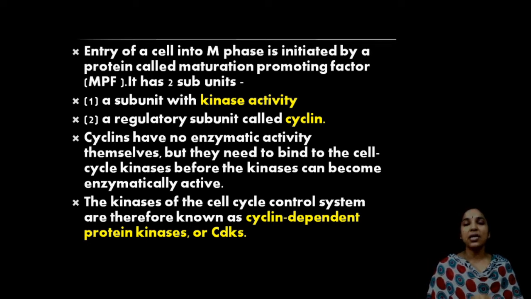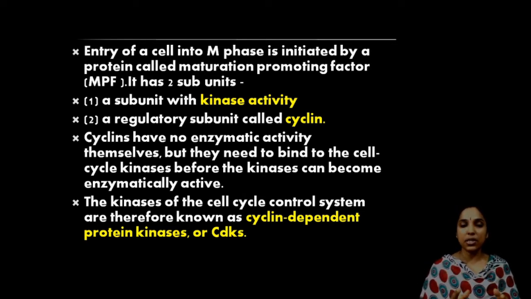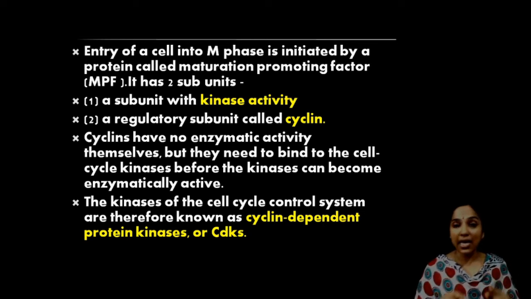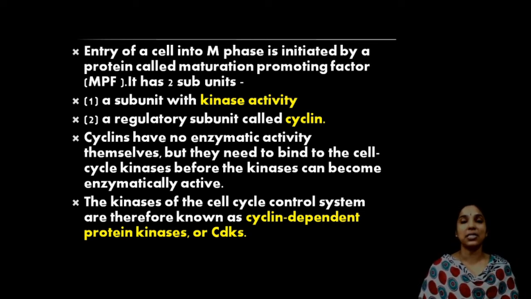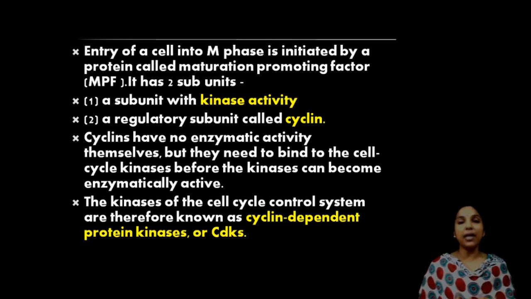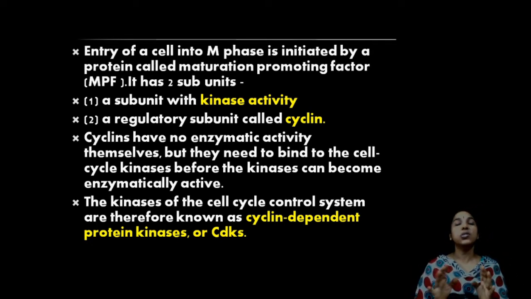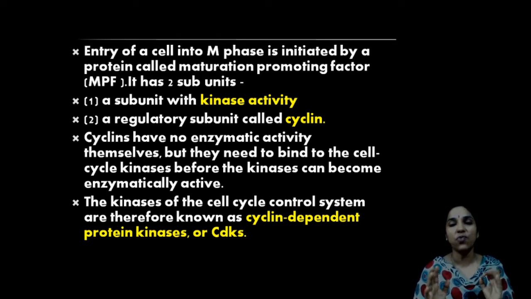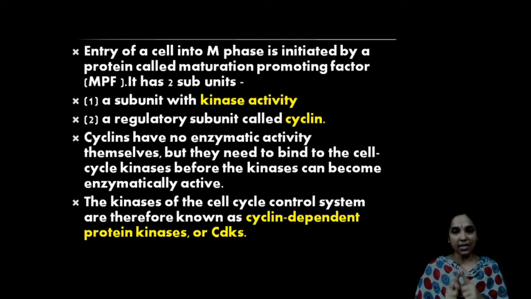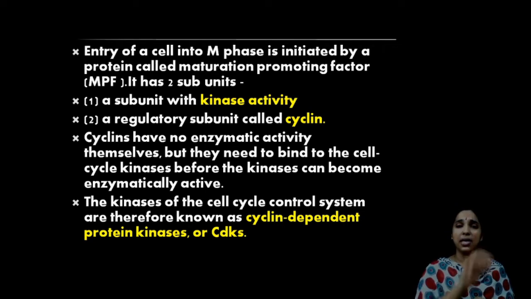That is the complex formed by cyclin and kinase, and the kinases of the cell cycle control system are therefore known as cyclin dependent protein kinases, or CDKs. Very important ones. These CDKs initiate or give the signal. So CDKs are important in the cell cycle controlling system.